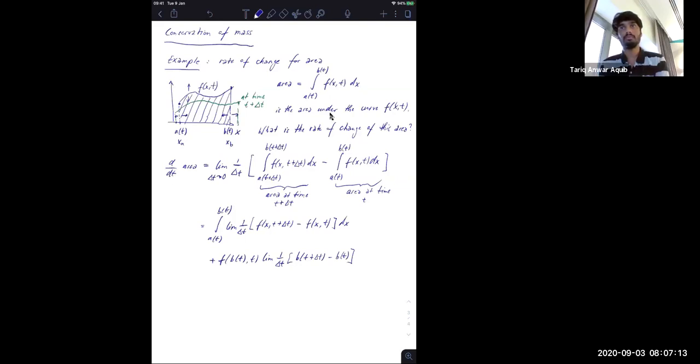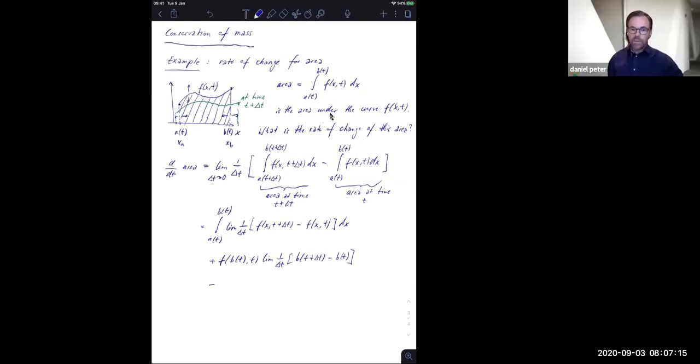So instead of plus here, we have a minus sign when we look now at the left boundary. So here it's f at the left boundary, A of t. And then we have the limit 1 over delta t of the left boundary at t plus delta t minus a of t. And that's it, basically. That's the rate of change of the area.